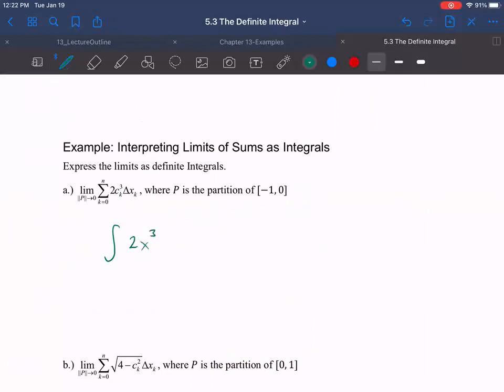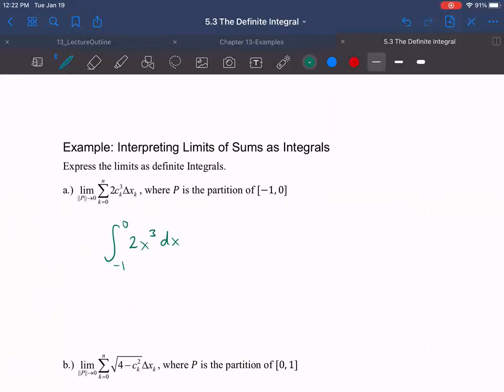What am I integrating over? What's my variable of integration here? So I need to put a dx. And then what are my limits of integration? -1 to 0. There we go.